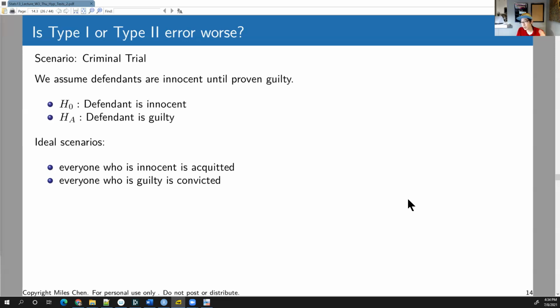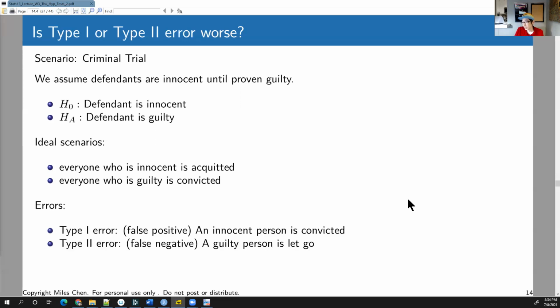If we think about what a type 1 and a type 2 error are, we want to avoid both of these things. Both would be a failure of justice. A type 1 error would be a false positive, where an innocent person is convicted, sent to prison, or possibly worse. A type 2 error is a false negative, where a guilty person is let go.